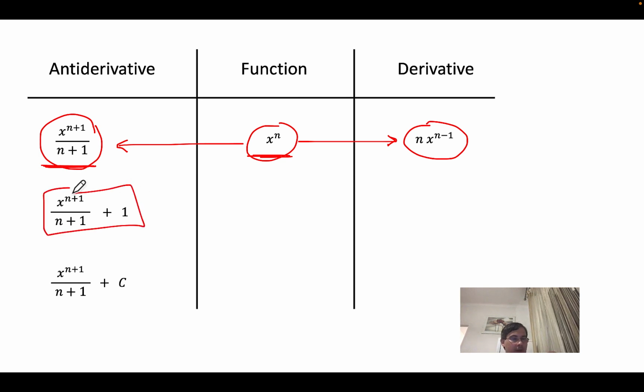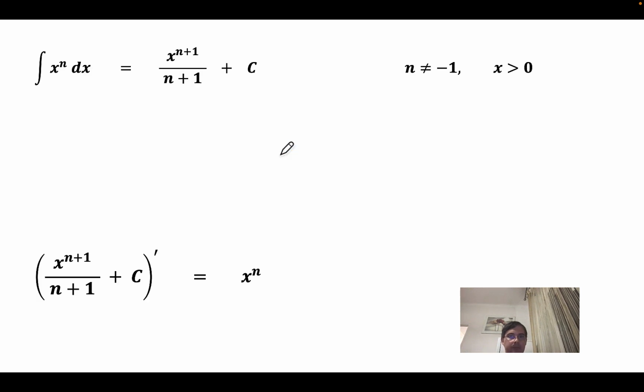That really means that you will be shifting this function 1 unit up. This is also an antiderivative of this function x to the n. And in fact, for any constant c, you can take this function plus c, and this is an antiderivative. In a way, that's the most general antiderivative of this function x to the n.